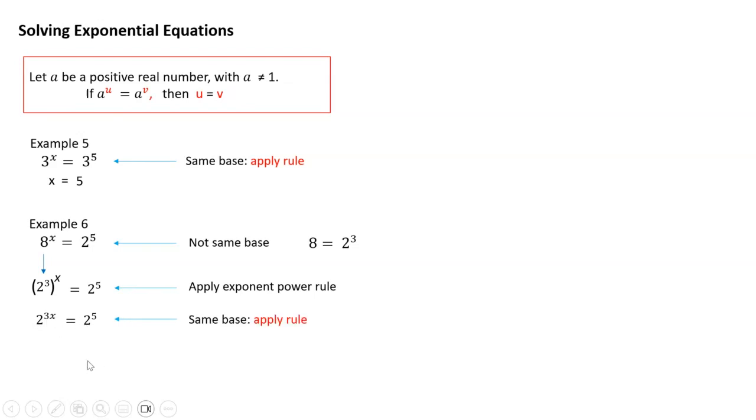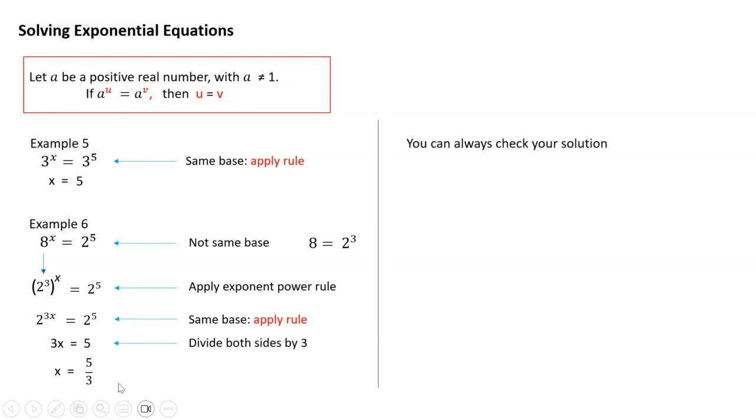So that'll give us 3x equals 5. We divide both sides by 3, and x equals 5 over 3. The good thing about these is that we can always check our work. So let's go back to the original equation, which is 8 to the x equals 2 to the fifth power. I'm going to plug in 5/3 for x.